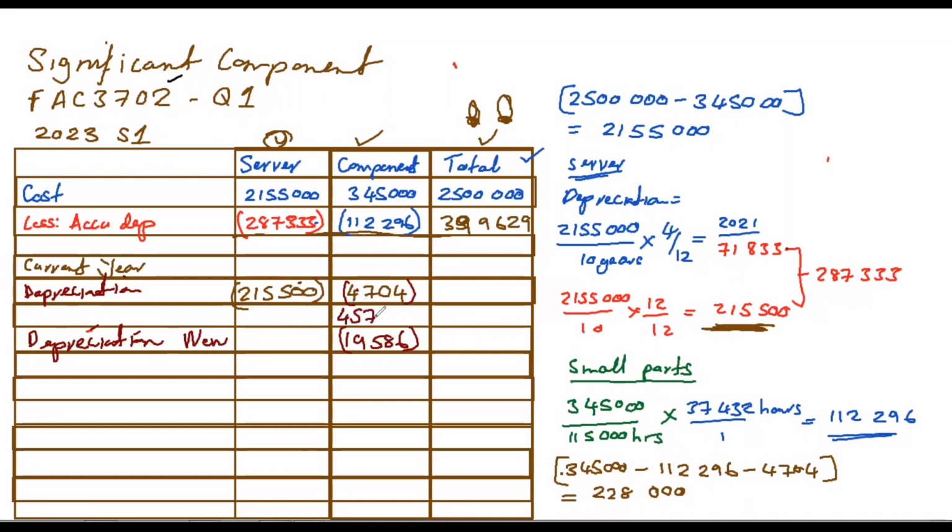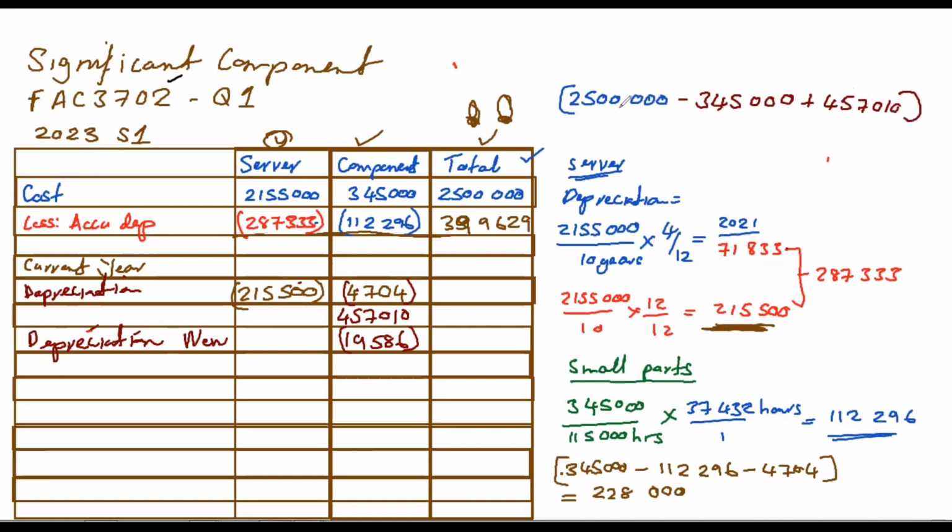So now the new value will be how much? You come and say this minus that, remove it, and come and add the new one. How much do you get?